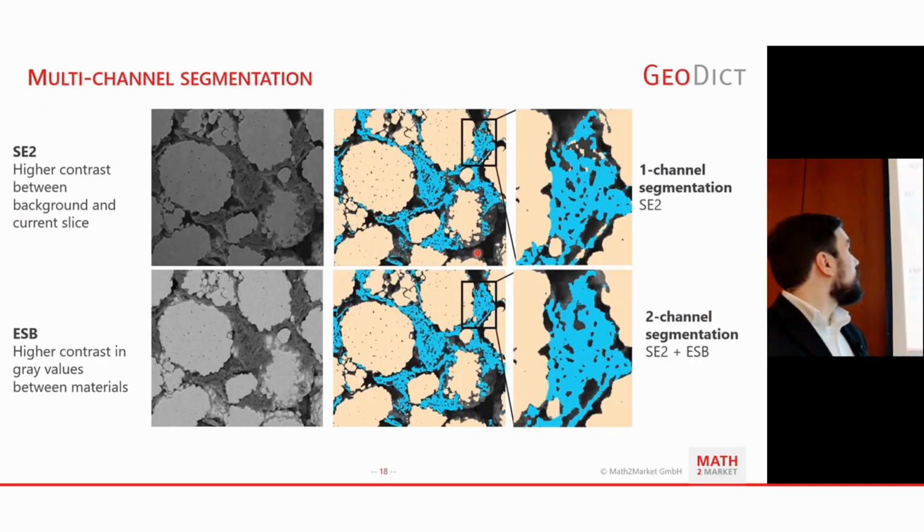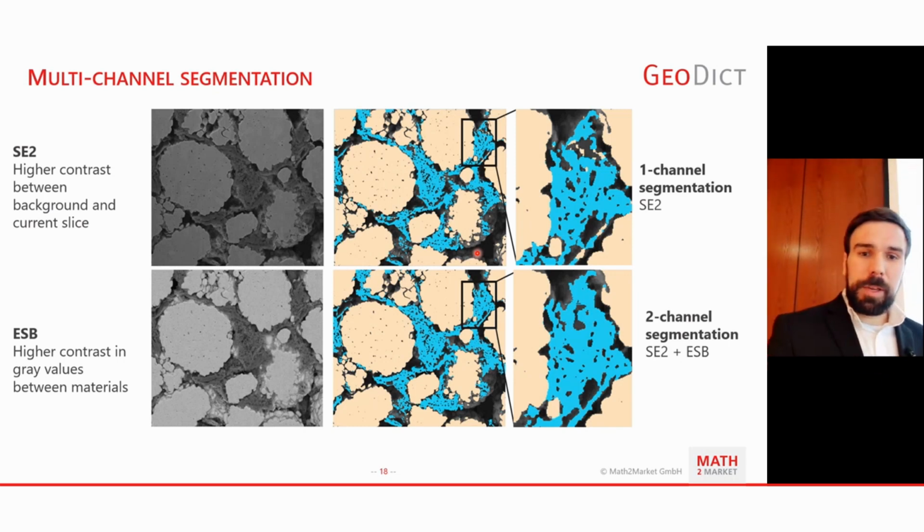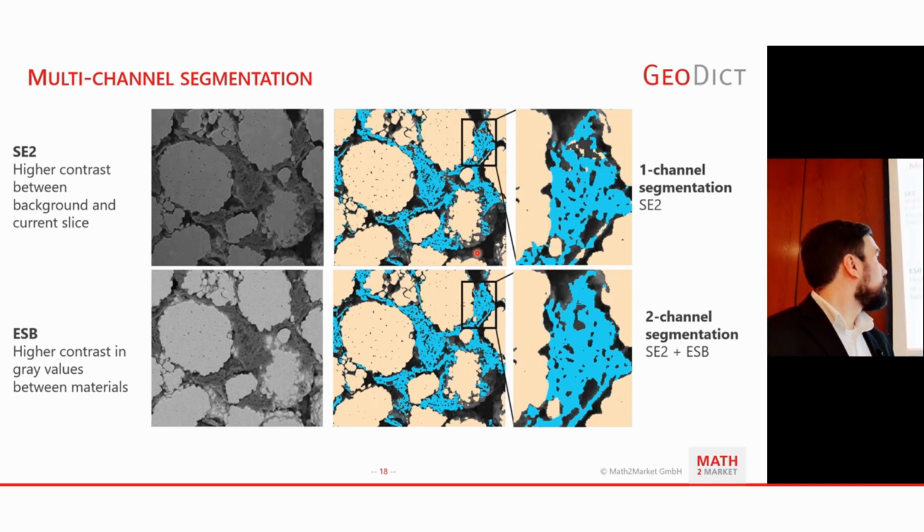One enhancement we have done to this this year is that we can now do multi-channel segmentations with the AI. So if you have a FIB-SEM scan, normally you have like 2 or 3 detectors that give you some different images. You can see them here on the left. In the top one, there's more contrast between the background material because we are seeing into the pore space here because it hasn't been infiltrated.